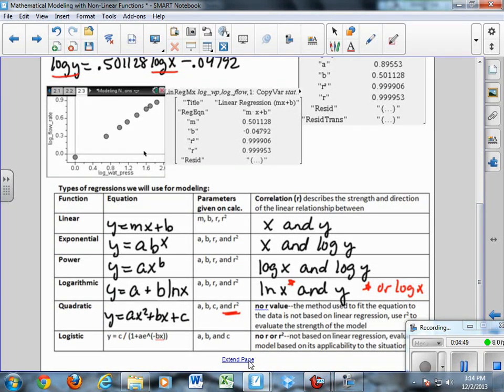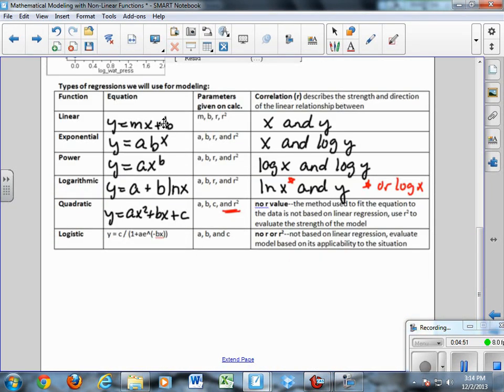If you look down at this table, this shows you that linear, exponential, power, and logarithmic graphs all have R values, because they can be linearized, written in some sort of linear form. In a linear graph, R describes the strength and direction of the linear relationship between the original two variables, x and y.